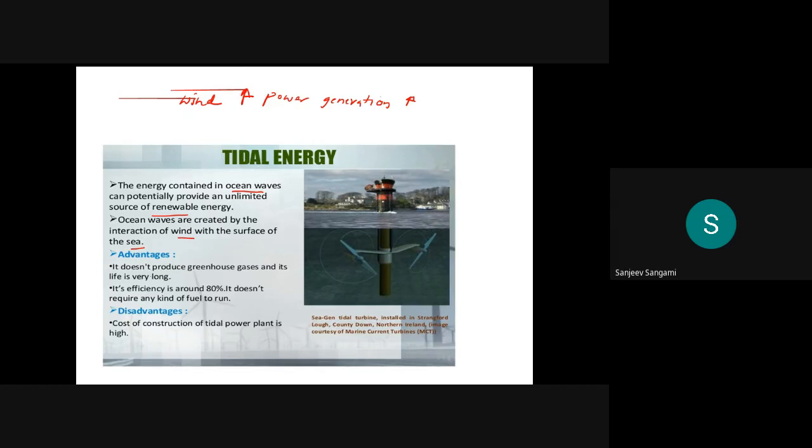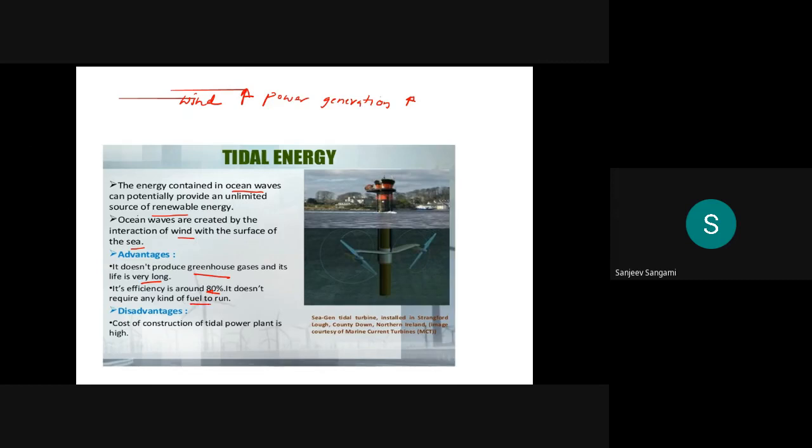One of the advantages is that it does not produce greenhouse gas and its life is very long. Its efficiency is about 80%. It does not require any kind of fuel to run.